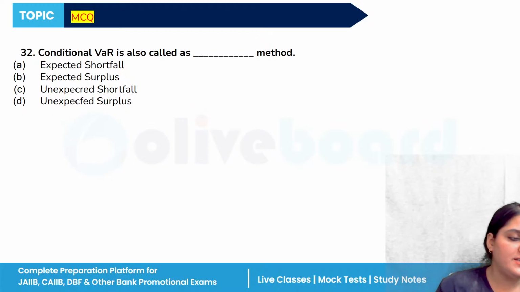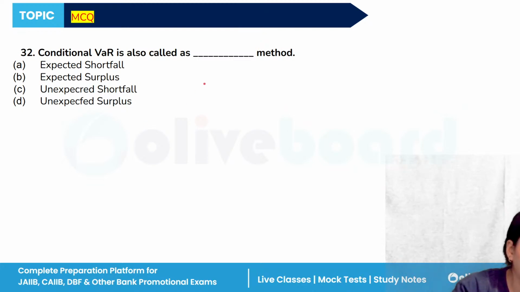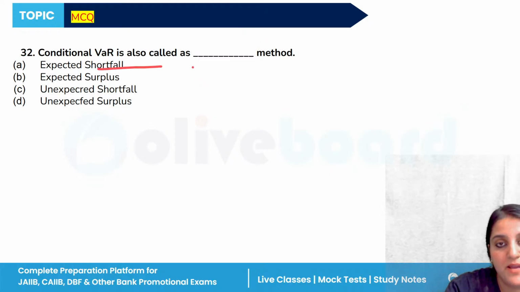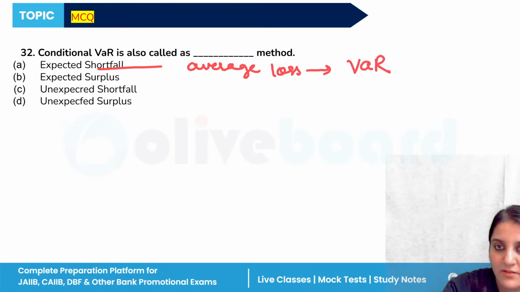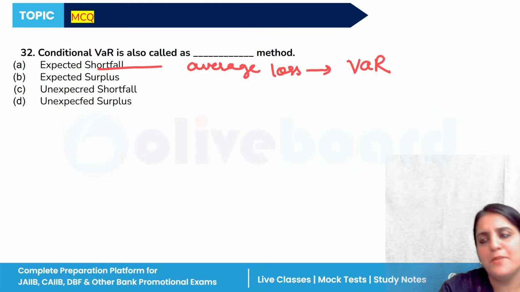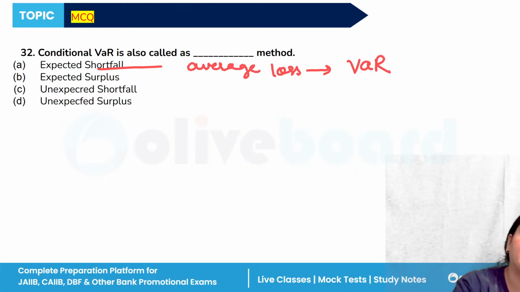So now conditional value at risk is also called as dash method: expected shortfall, expected surplus, unexpected shortfall, and unexpected surplus. Expected shortfall is the measure of the average loss that occurs beyond the value at risk threshold, providing a more comprehensive view of the risk and the potential losses in extreme market conditions.